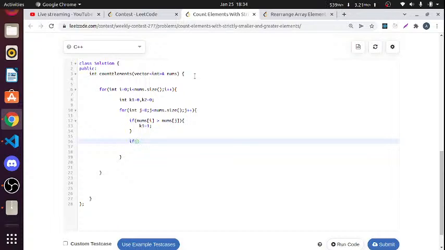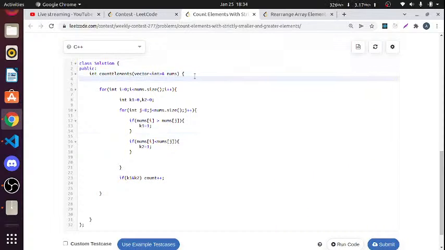Similarly, if nums[i] is less than nums[j], make k2 equal to 1, right? Now if both k1 and k2 are true, then count plus plus.